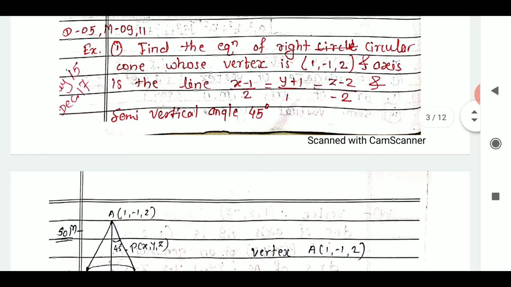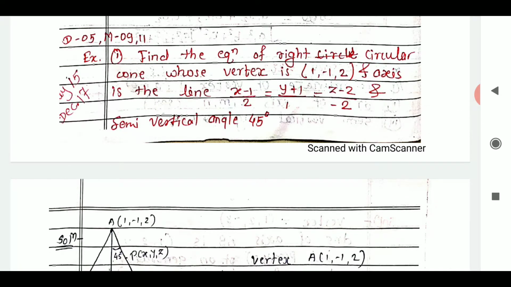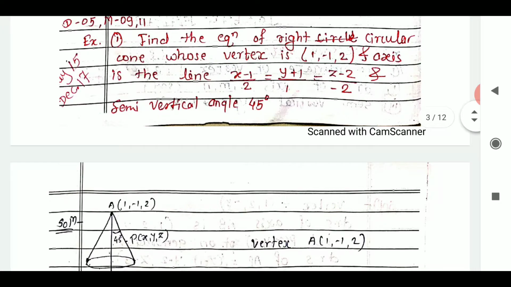Now here in the example we are given all the things: vertex, axis line and the semi-vertical angle. Here the equation of axis is (x minus alpha), (y minus beta), (z minus gamma).